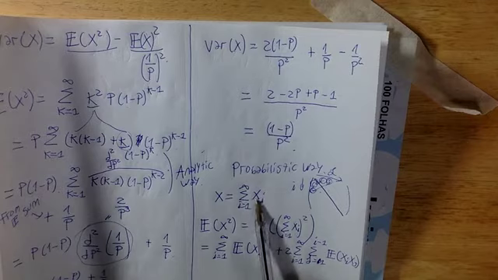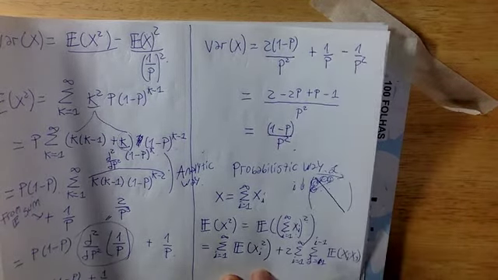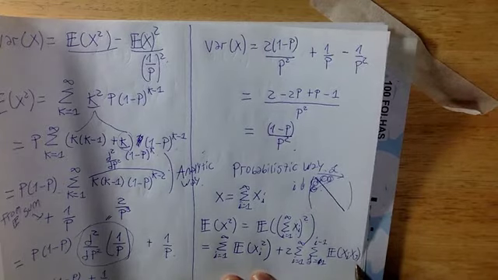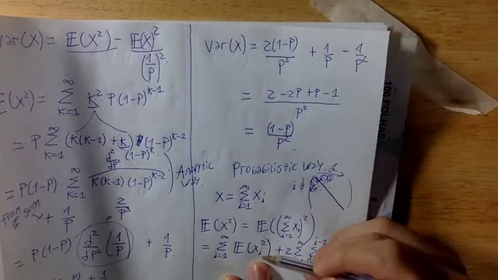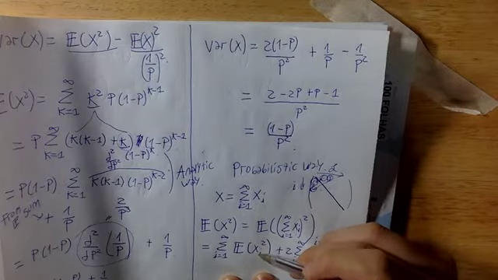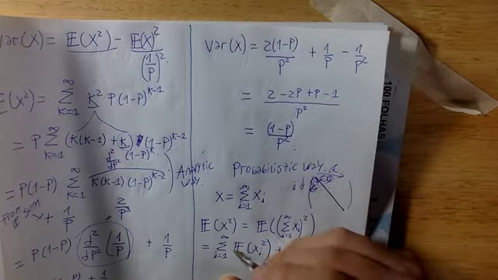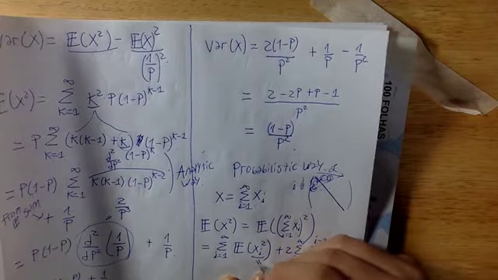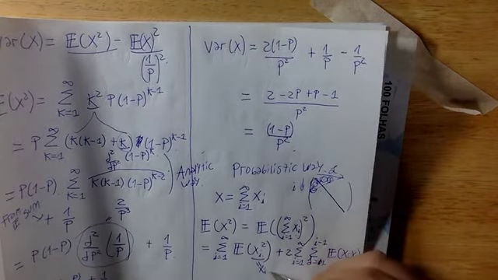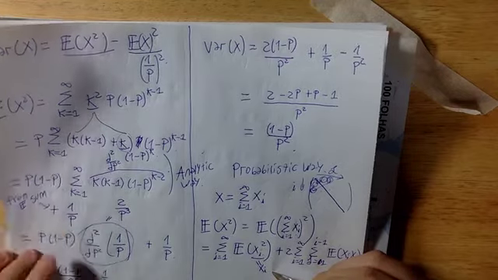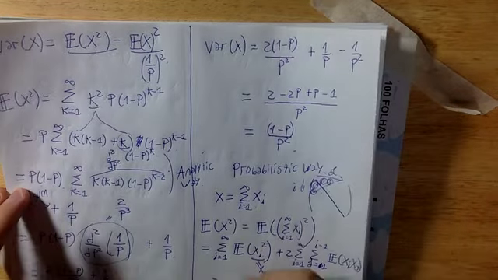And now we can take the expectation of these and start looking at the correlations. The nice thing about Bernoulli variables is that the square of a Bernoulli variable is equal to xi. So the expectation of xi squared is equal to the expectation of xi, which is what we have said before.